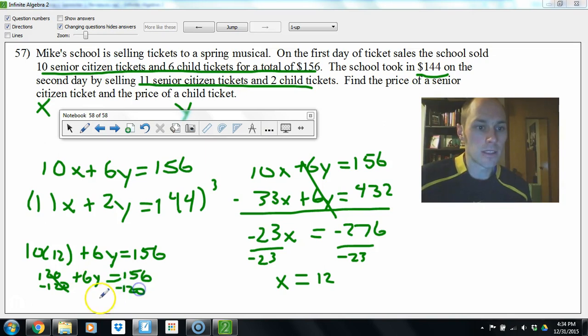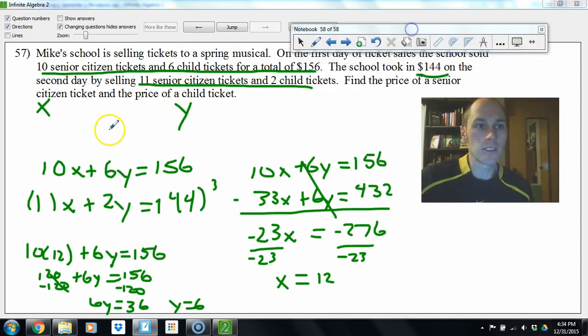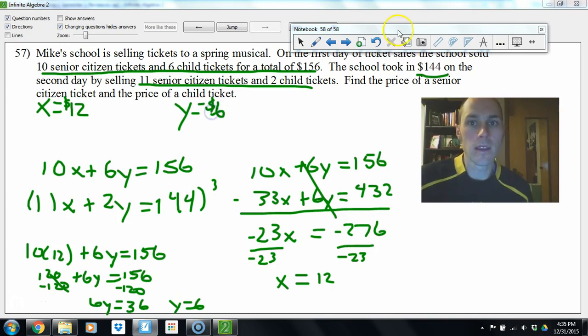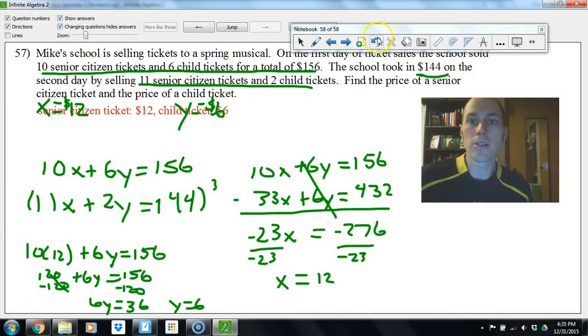And I get 6y equals 36. Divided by 6, y is 6. So the price of a senior citizen ticket is $12, and a child ticket is $6. So we check our answer. It appears to be correct.